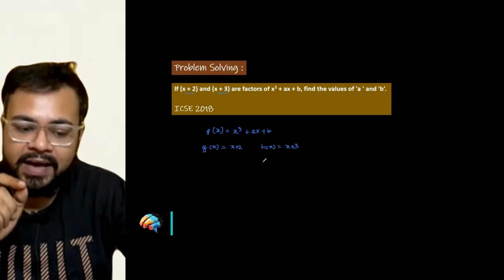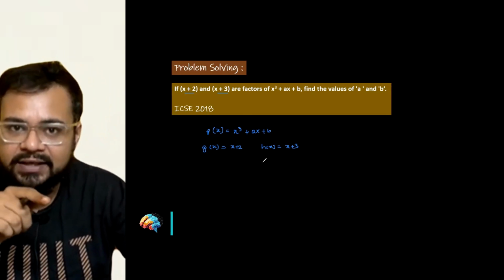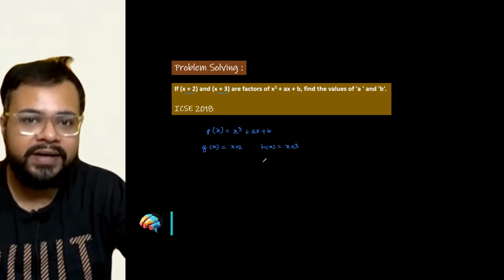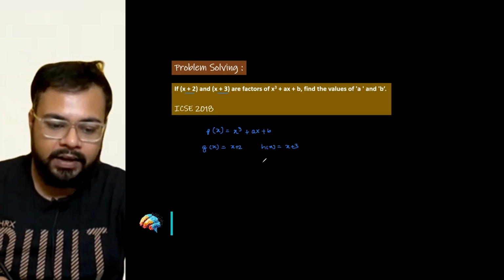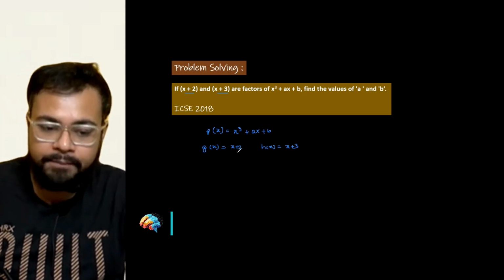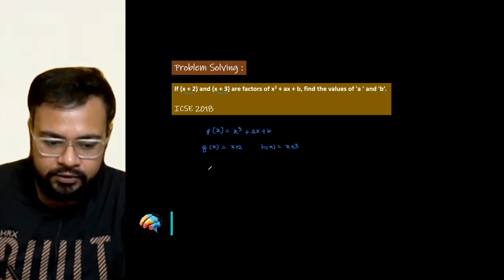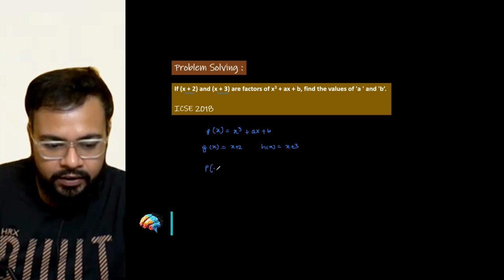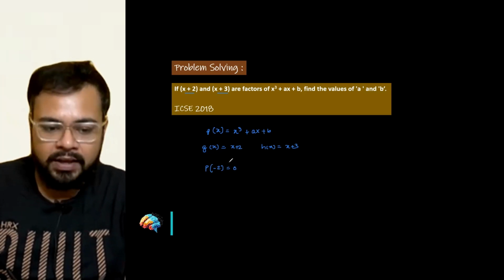What does it mean by their factor? That means if I divide P(x) with g(x), I would be getting 0 as remainder. Or using the factor theorem, if I compare with that x minus a, you can understand your a is going to be minus 2. So by the factor theorem, P(minus 2) should come as 0.